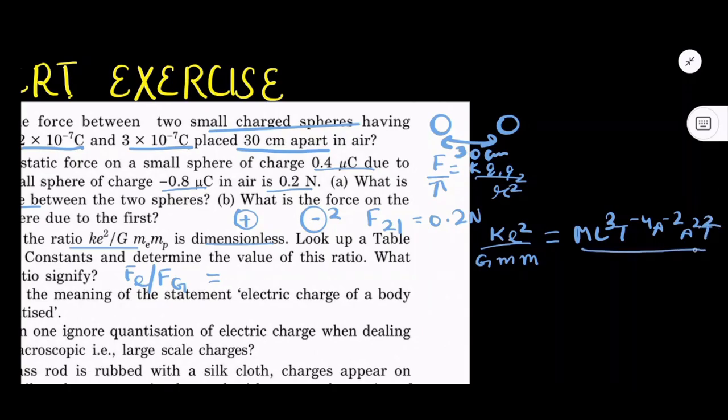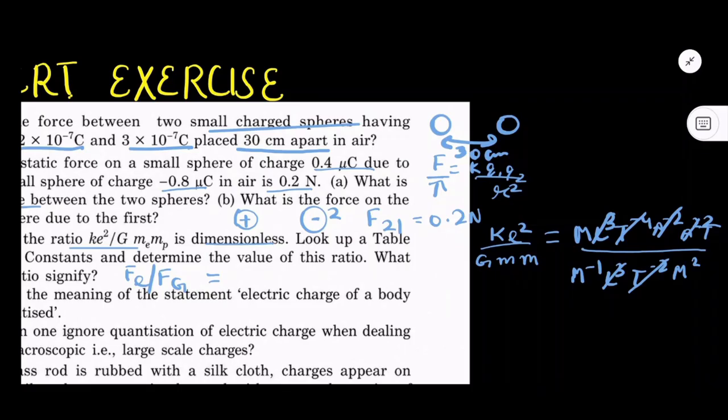Now for g we have calculated m minus 1 l cube t minus 2, into m square. So we can cancel some of the terms. We can see that a square is getting cancelled and l cube is cancelled, and t is also getting cancelled from here.